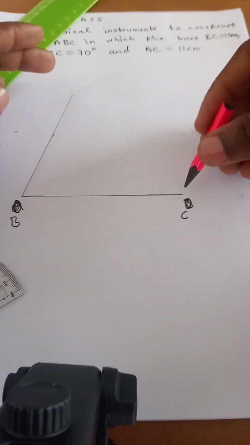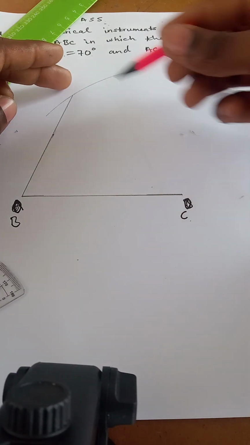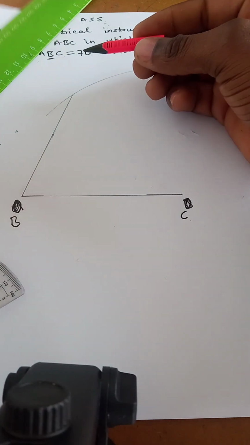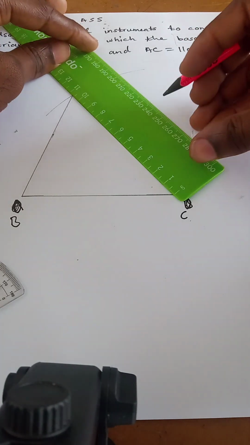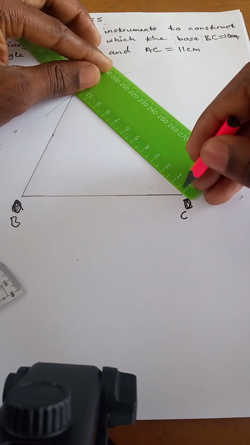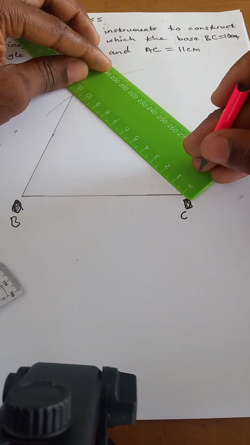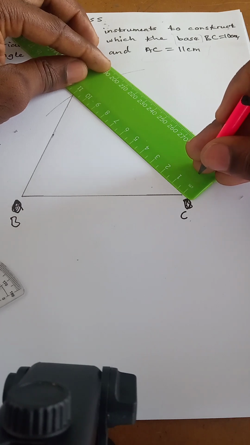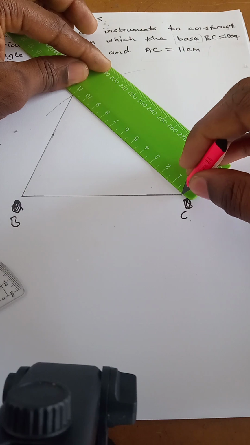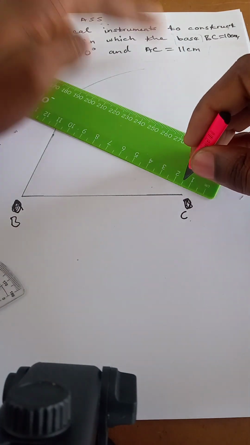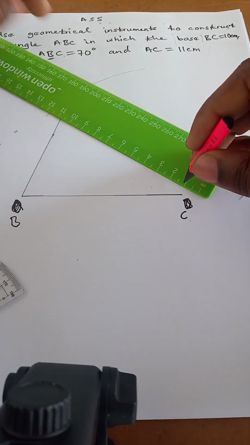So now if I draw a line from here to this point, that line will definitely satisfy both conditions. I will have a triangle that satisfies both of these conditions.